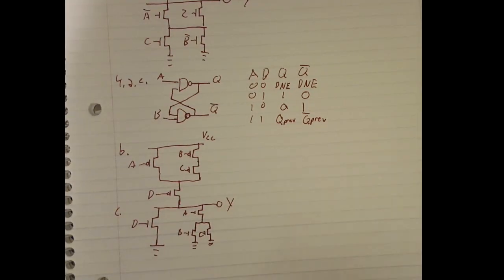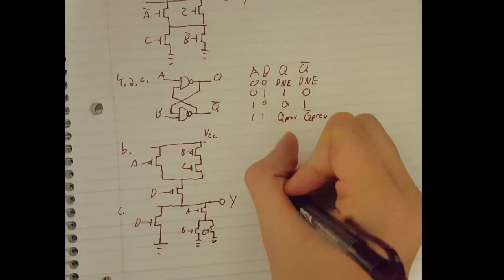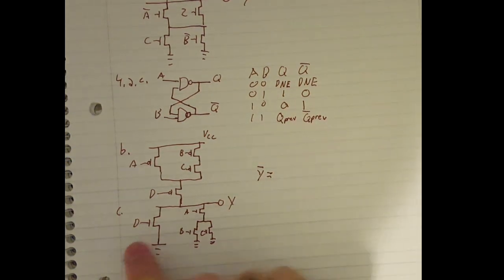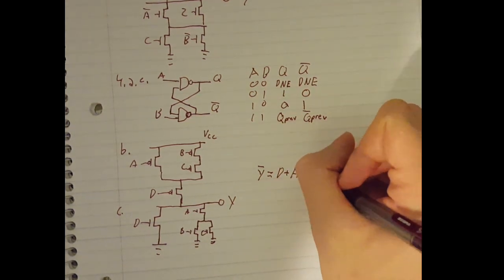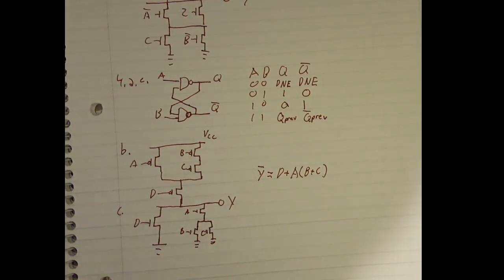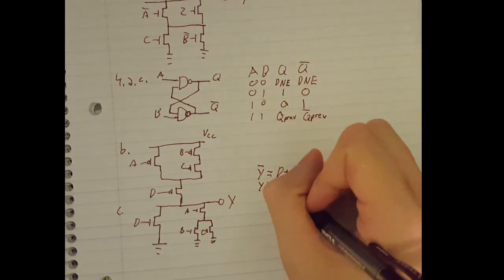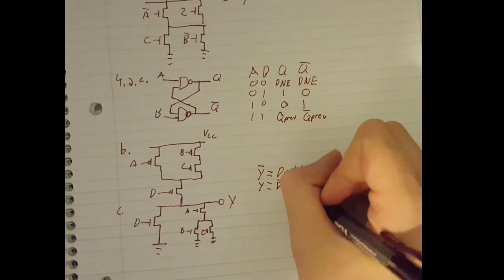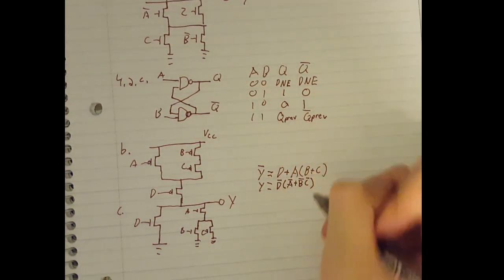You can get the function from the pull-up or the pull-down network. Once again, I like to go from the pull-down network. It's just easier for me. It's totally up to you. So Y not equals D or A and B or C. If you got it from the pull-up network, you would do Y equals D naught and A naught or B naught and C naught.